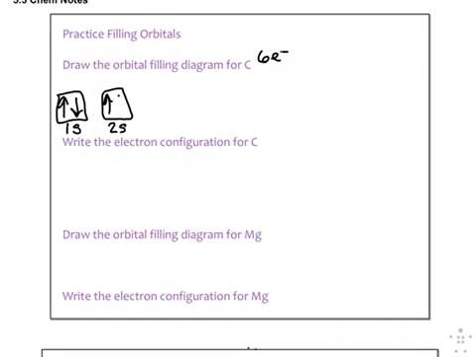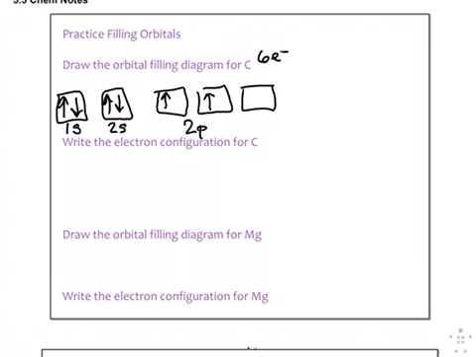1 electron, 2 electrons. Now, with the p's, how many different orbitals does the p shape have? 3. So 1, 2, 3. This would be 2p, correct? Yep. And so we have 4, 5, and 6 electrons.